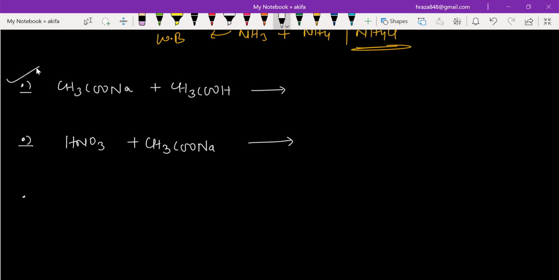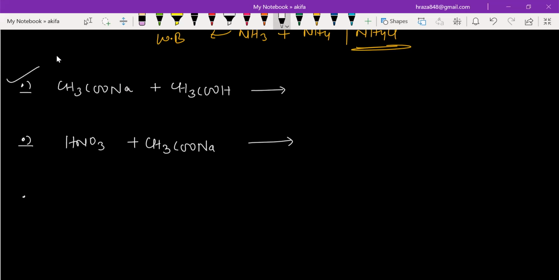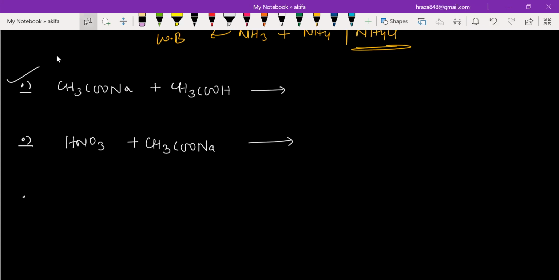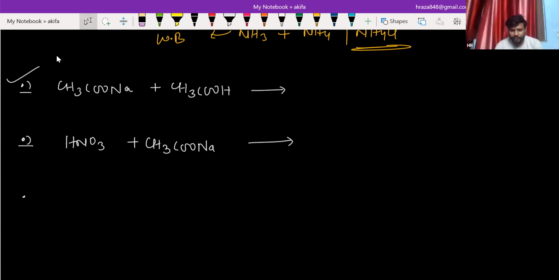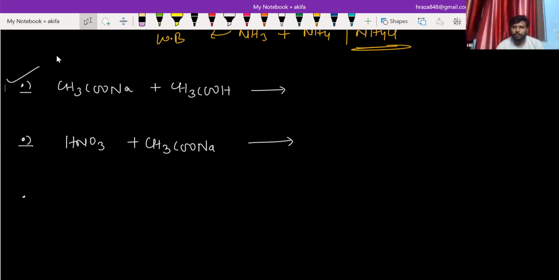The first one, yes. What you just said, it is a buffer solution. It is already a buffer solution. And which buffer solution, acidic or basic? Acidic, because it is a weak acid with its salt with a strong base.